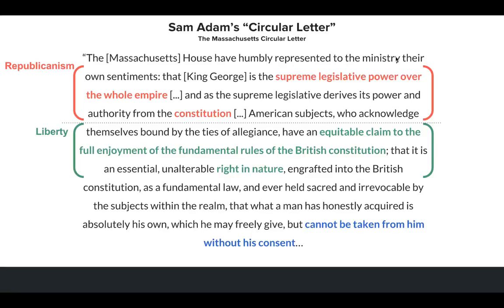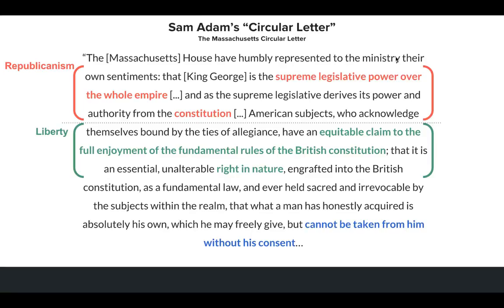The fact that the Americans have a claim to the full enjoyment of their fundamental rules of the British Constitution, and they have a right in nature because of this. Pretty much he's arguing here that yes, we're Republicans, yes, we live in America, but ultimately we are British subjects.